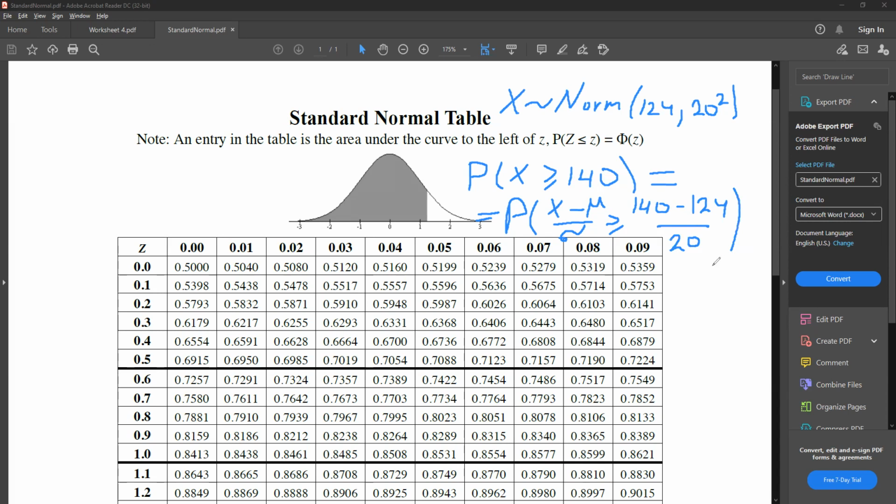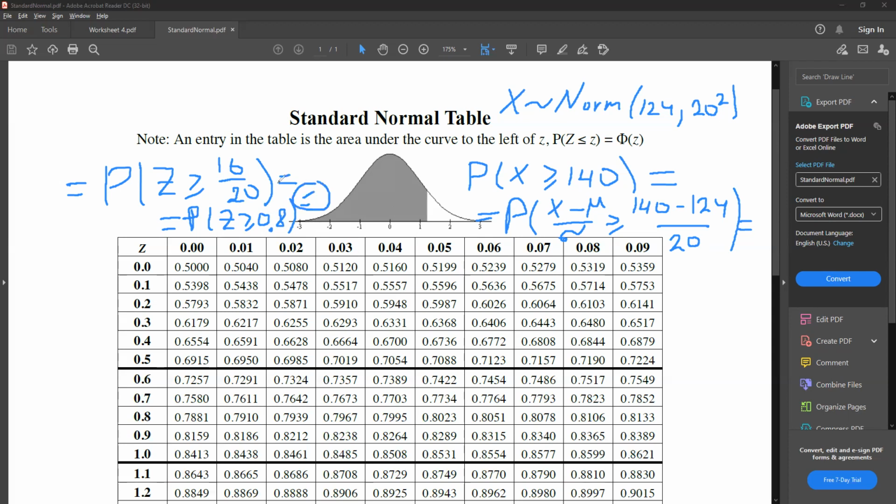Okay. All right, then this here is standard normal. The probability that Z is greater than or equal to, this is 16 over 20, so the probability that Z is greater than or equal to 0.8. Then to use the table given here, I find this probability in the following way.